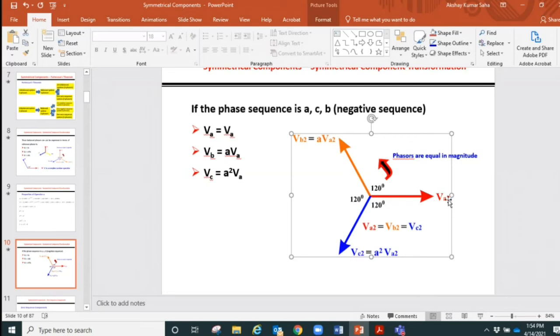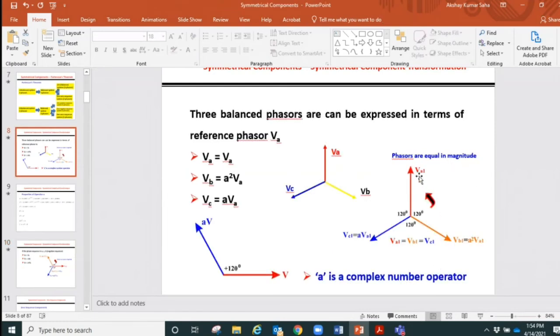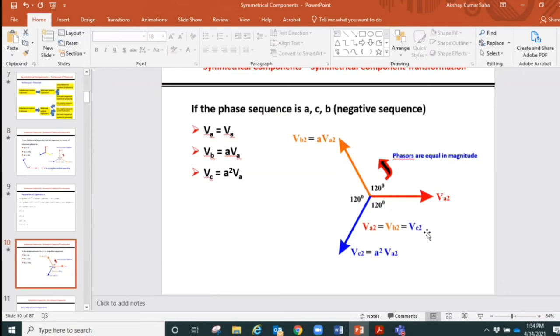So A is there, and after A, C will come, not B. For positive sequence, after A, rotating in the direction, B was coming, because it's positive sequence, so it's ABC. But for negative sequence, it's ACB.